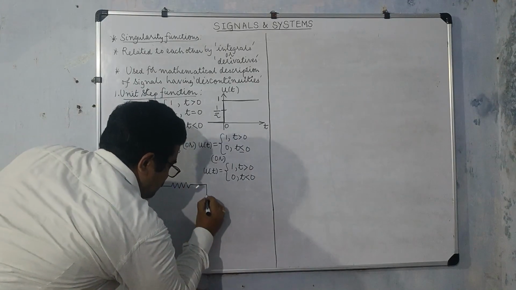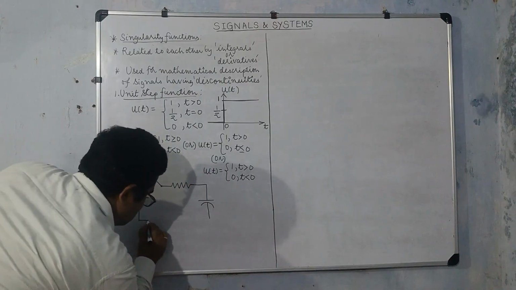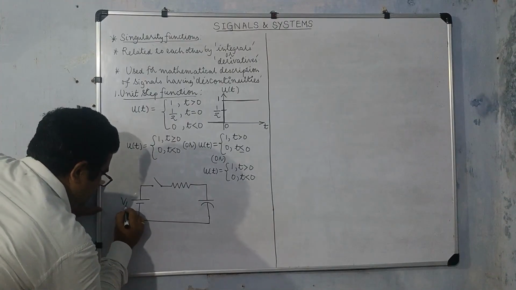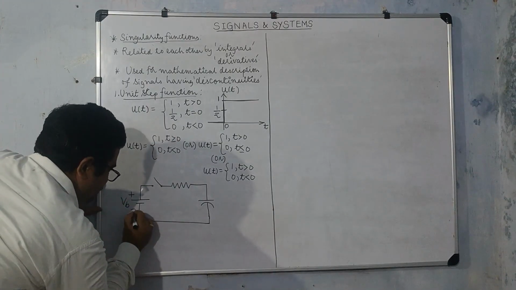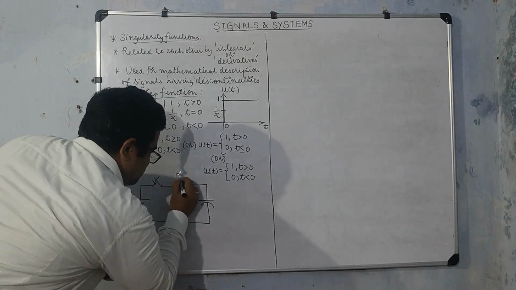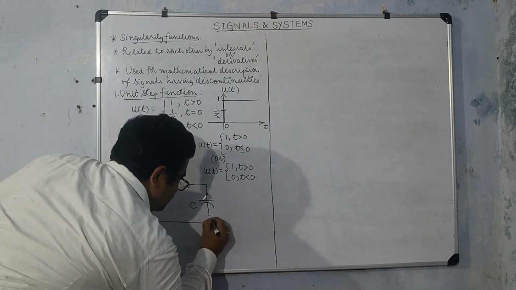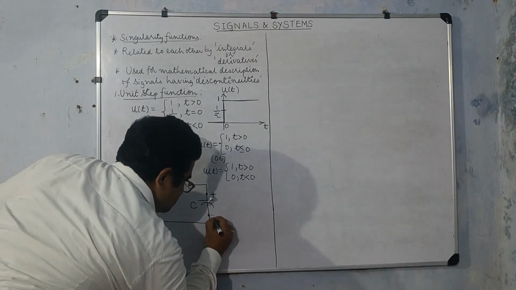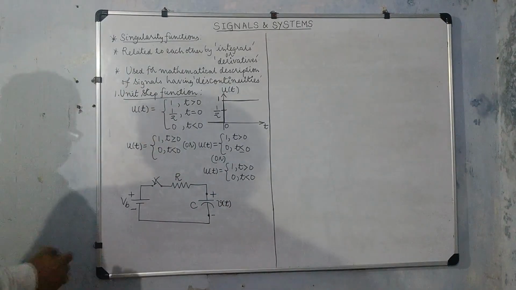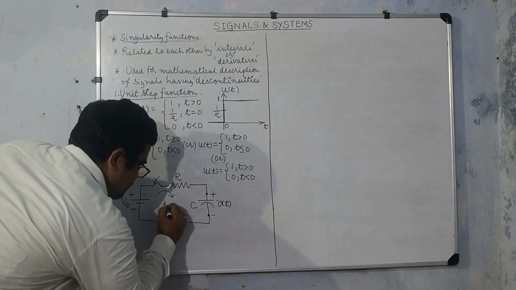This is my capacitor C, and it is connected to a supply voltage or battery. Let us say my battery voltage is VB. This is my switch, this is my resistance, and this is the capacitor. If I represent the voltage across the capacitor as v of t, let us say the current flowing through this circuit is i of t.